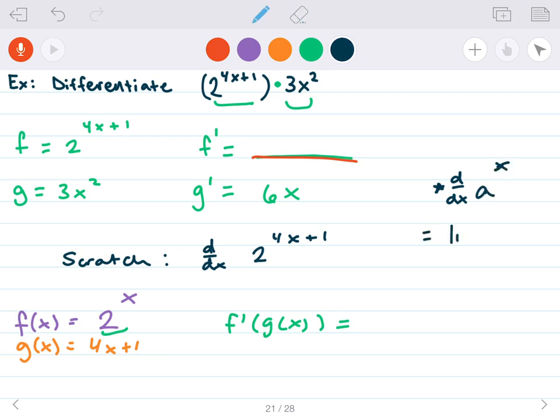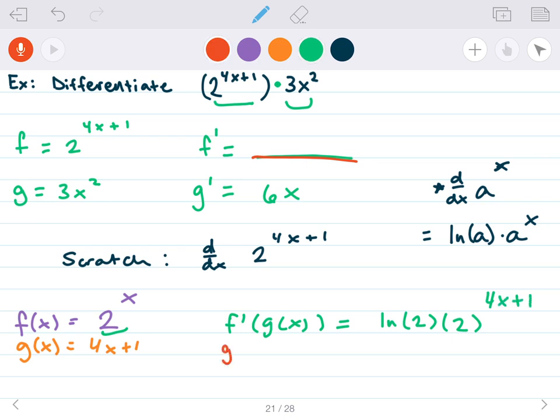Remember that was ln of a times a to the x. So that was that special derivative. So here, when we take the derivative of f, we have ln of 2 times 2 to the x, and instead of x, remember we're putting g. So that's that first part of the chain rule.